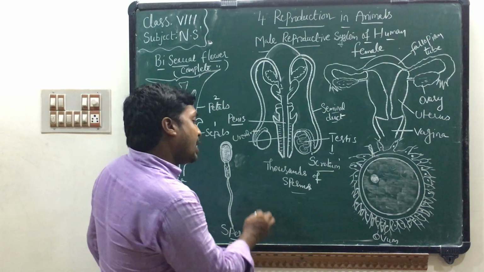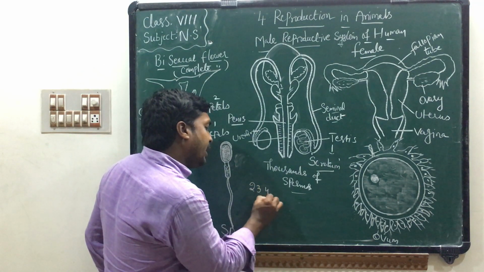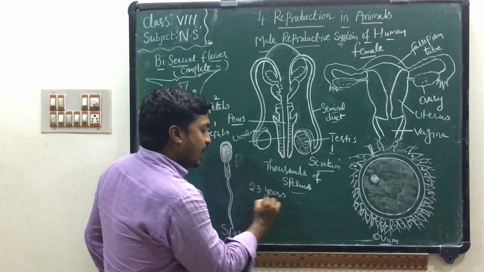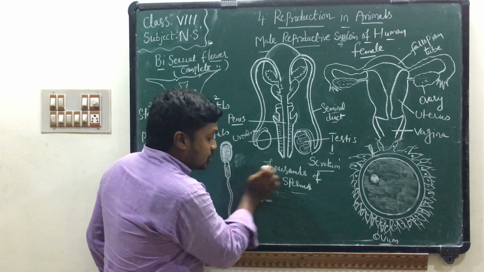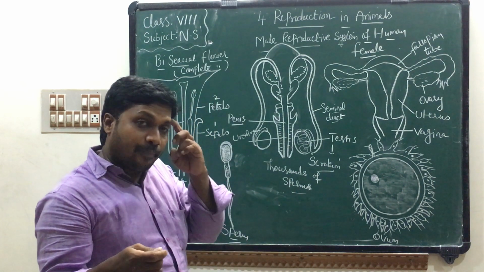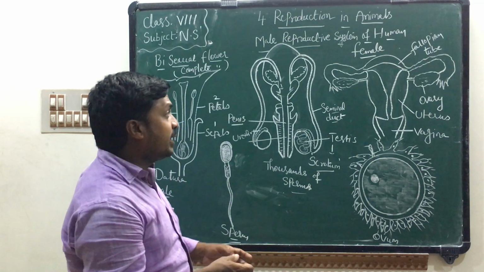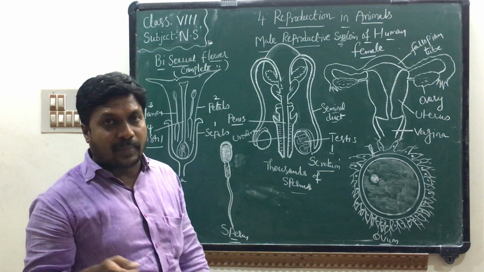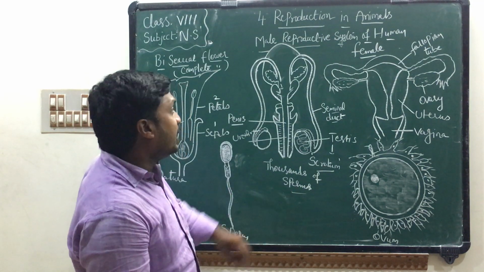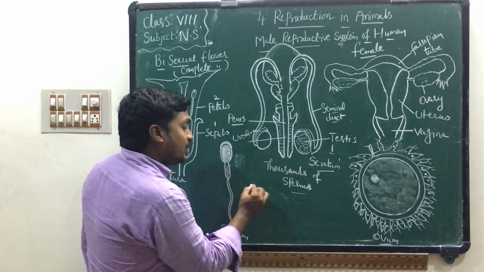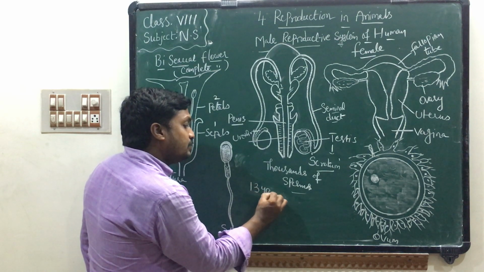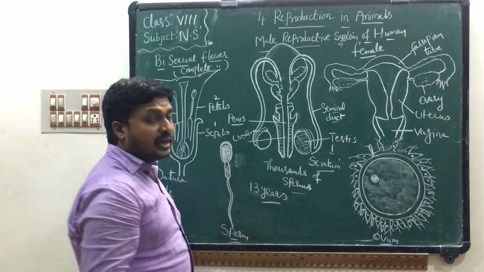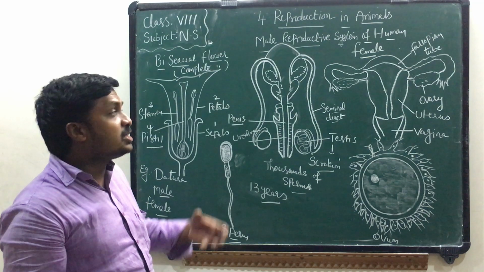Do you know, children? 21 years is the correct age for marriage for girls, and 23 years for boys. In male human beings, at the age of 13 years, they start producing sperms.